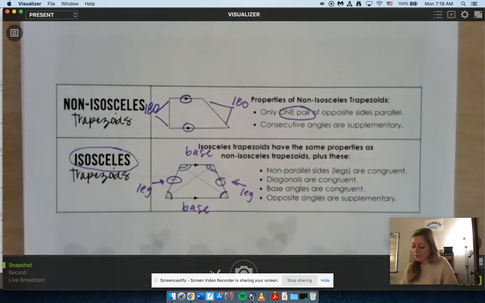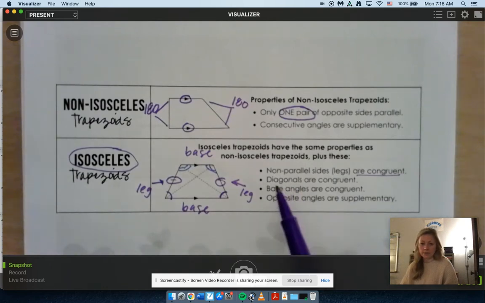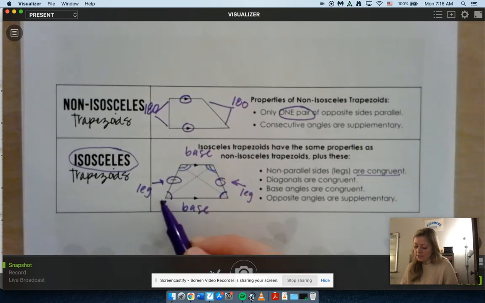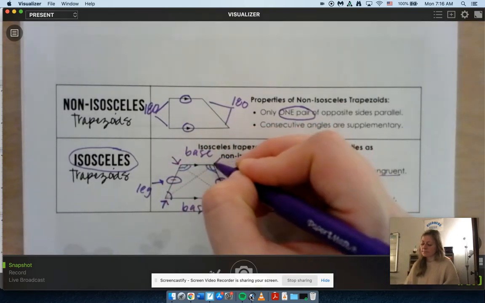Okay, so just to reiterate, our non-parallel sides, so our legs, are congruent. That's why we have those tick marks. Our diagonals are congruent. Your different pairs of base angles are congruent. So this angle right here is congruent to this angle right there, our base angles, as with this one being congruent to this one.